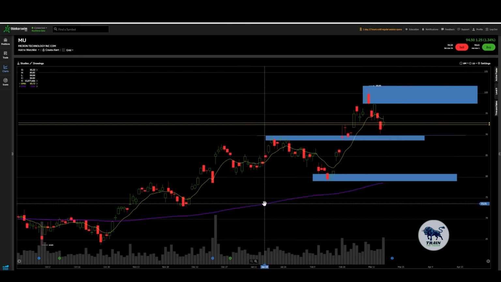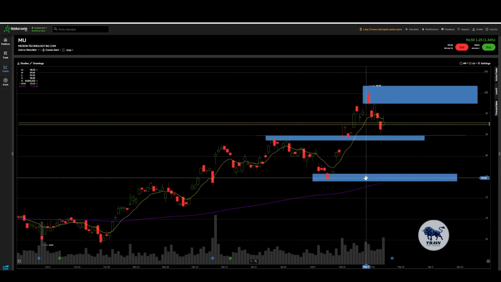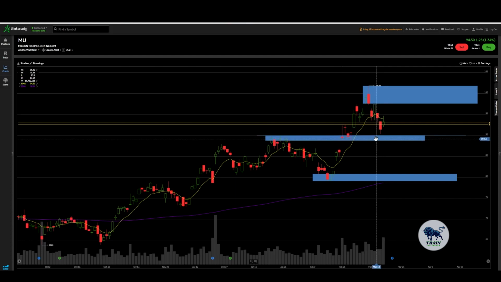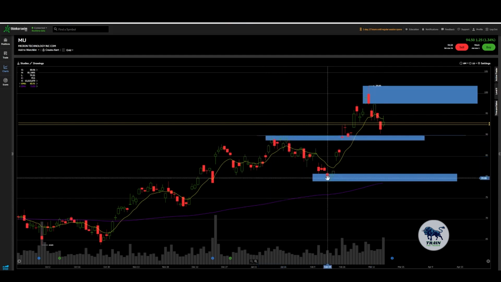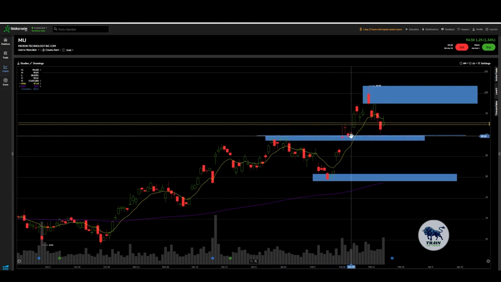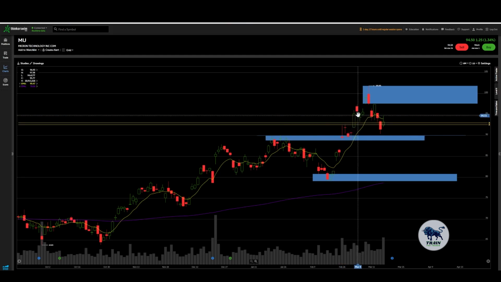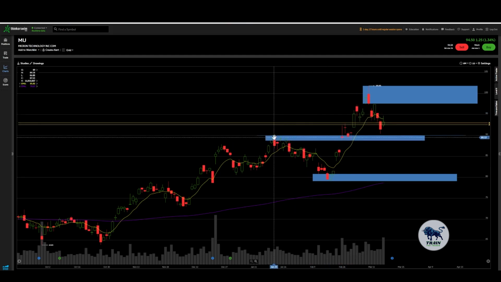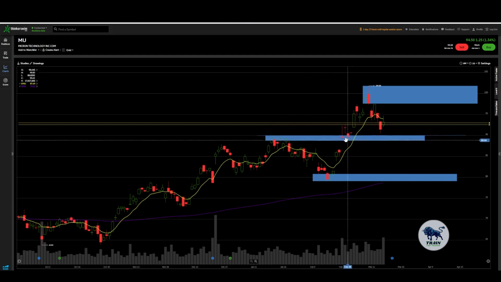Now, I'm not doing this in this video, but normally I would change the color of these depending on where the price is at. Since this supply turned into demand, because we get this bounce off of it and it goes to the upside, that supply zone became a demand zone right here. Okay, that's how we chart supply and demand zones.